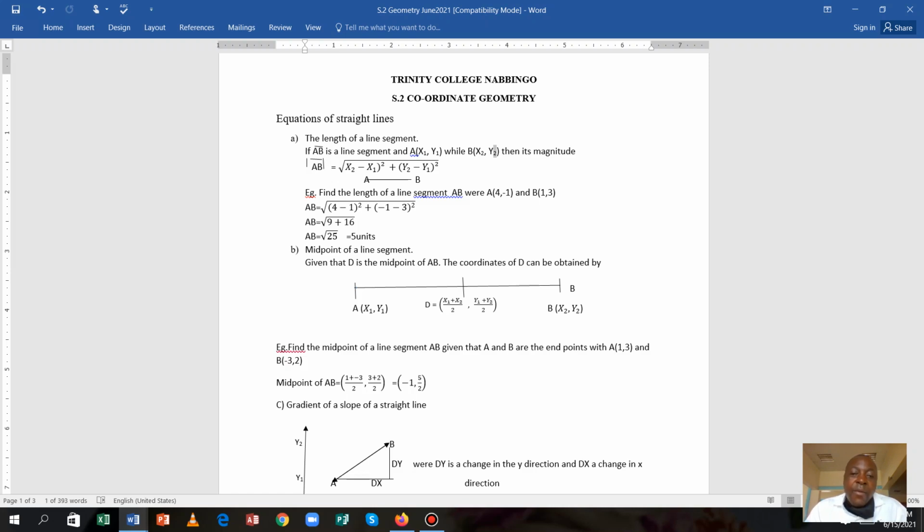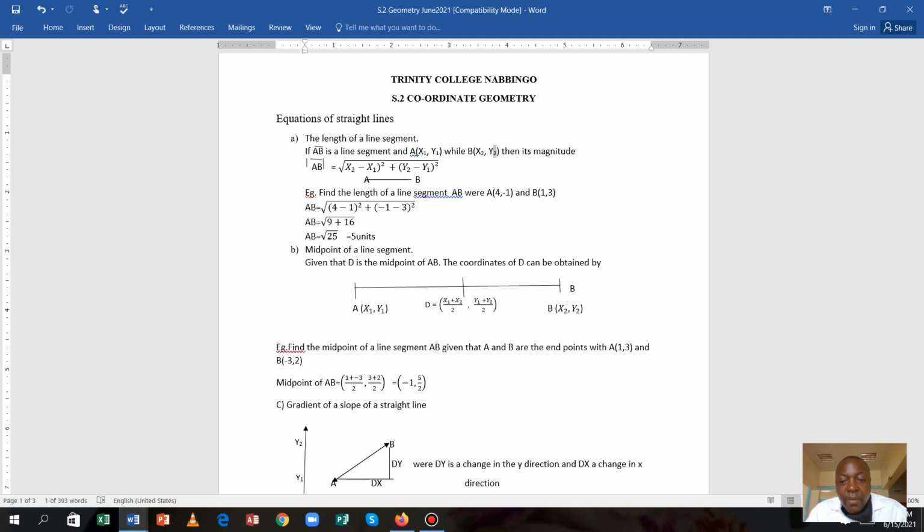So if we have A with x1, y1 and B with x2, y2 as endpoints of a line segment, then their midpoint will be obtained by summing the x coordinates divided by 2, and for the y coordinate, summing the y coordinates divided by 2.